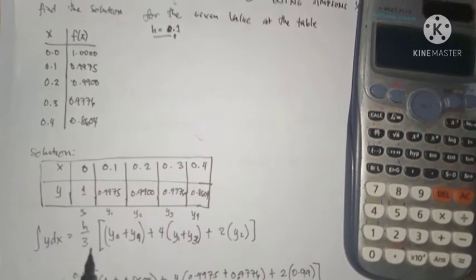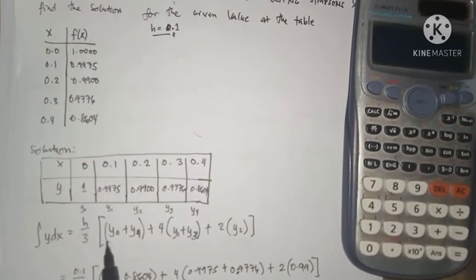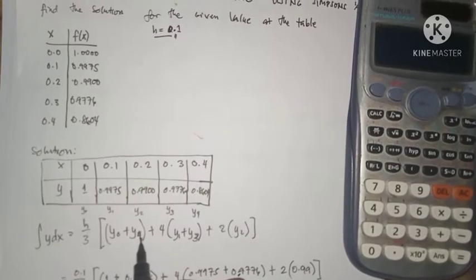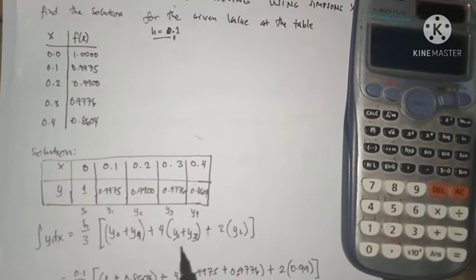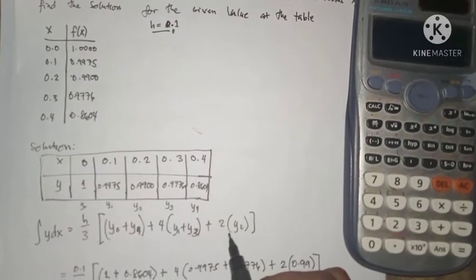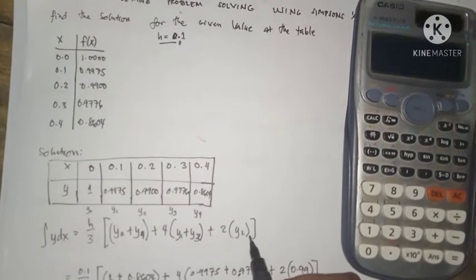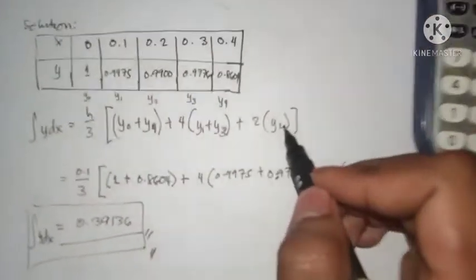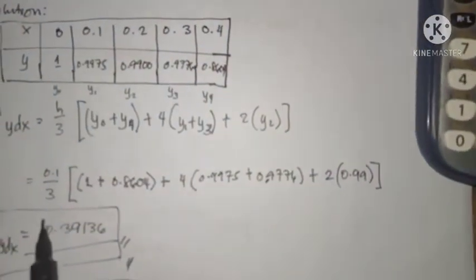And then let's apply the formula: h over 3 quantity of y sub 0 plus y sub 4 plus 4 quantity of y sub 1 plus y sub 3 quantity plus 2 y sub 2. So sunod natin gagawin ay substitute.